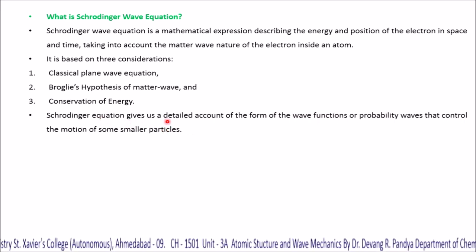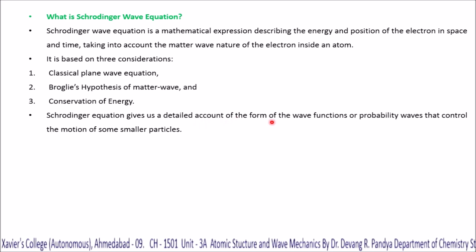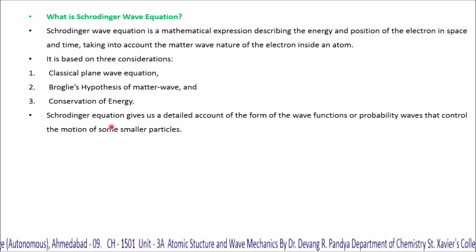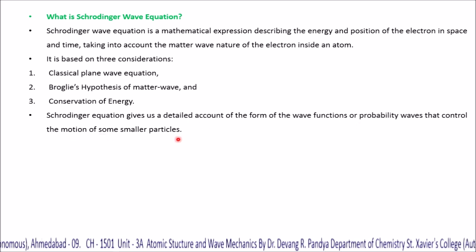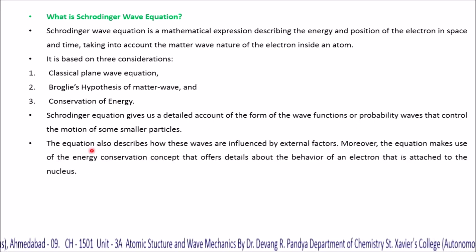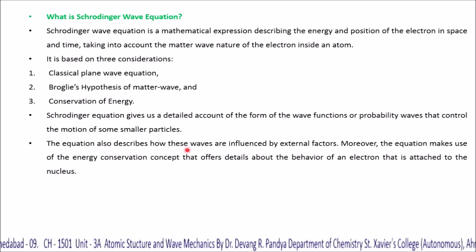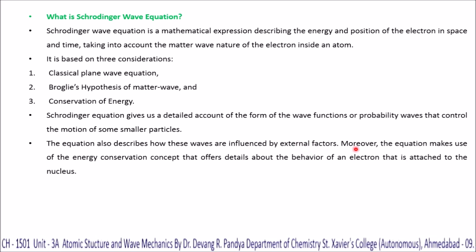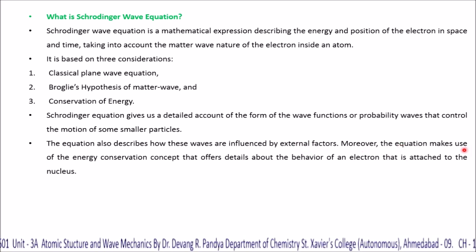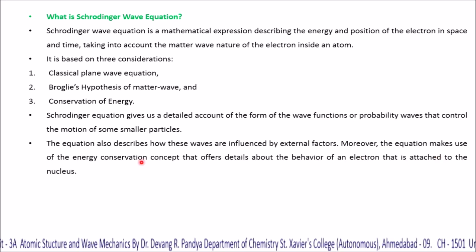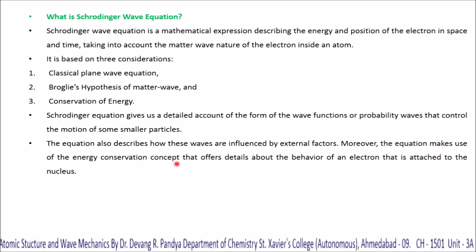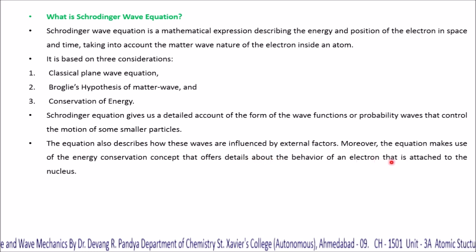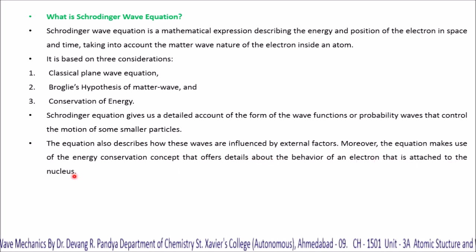Schrodinger equation gives us a detailed account of the form of the wave functions or probability waves that control the motion of small particles. The equation also describes how these waves are influenced by external factors. Moreover, the equation makes use of the energy conservation concept that offers details about the behavior of the electron that is attached to the nucleus.